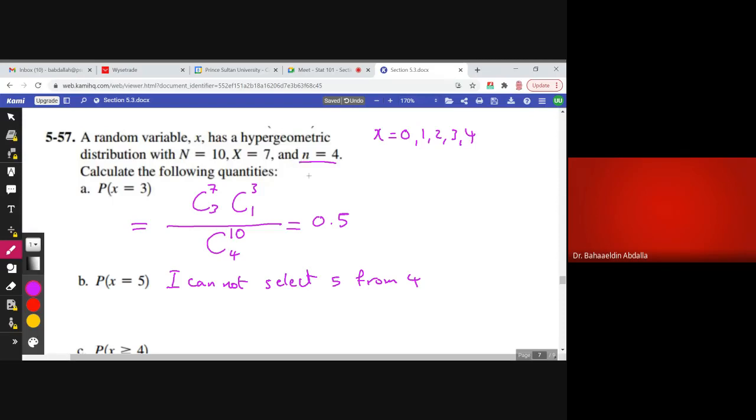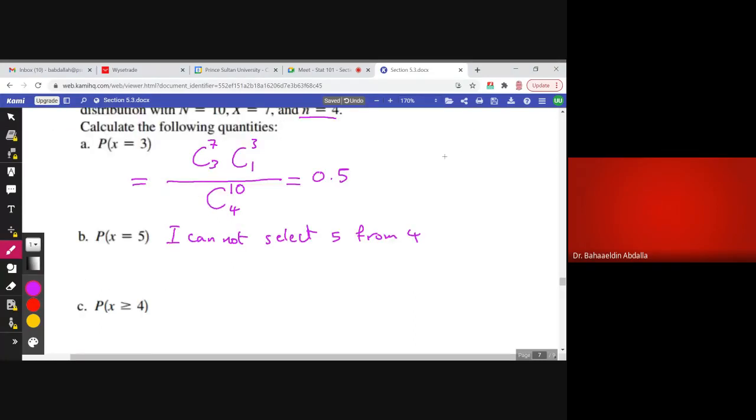The sample size is 4. I cannot select 5 from the 4. So x has to be at most 4. It could be 4. So here this probability is just 0. I cannot select 5 out of 4.